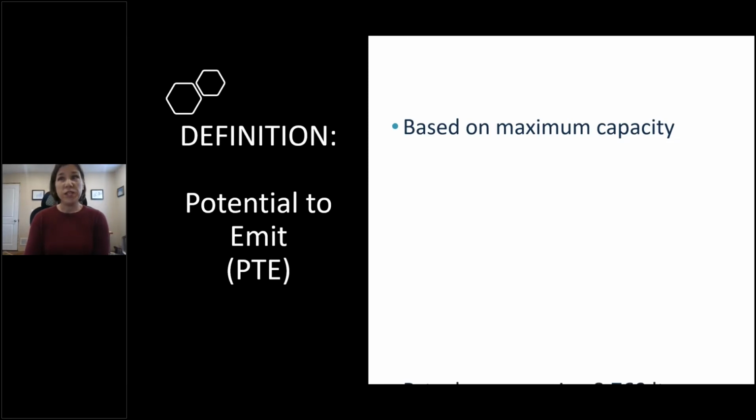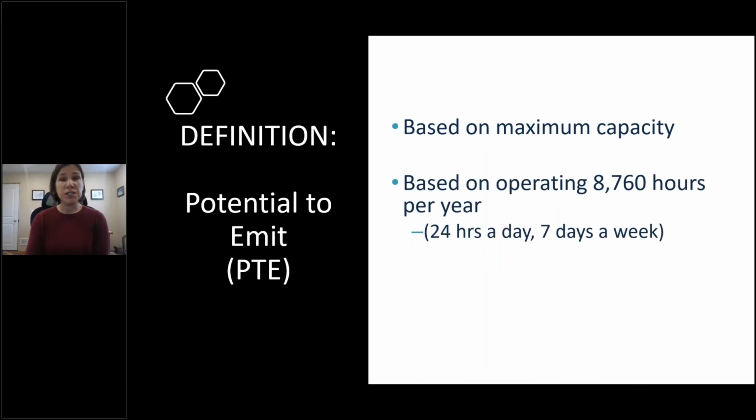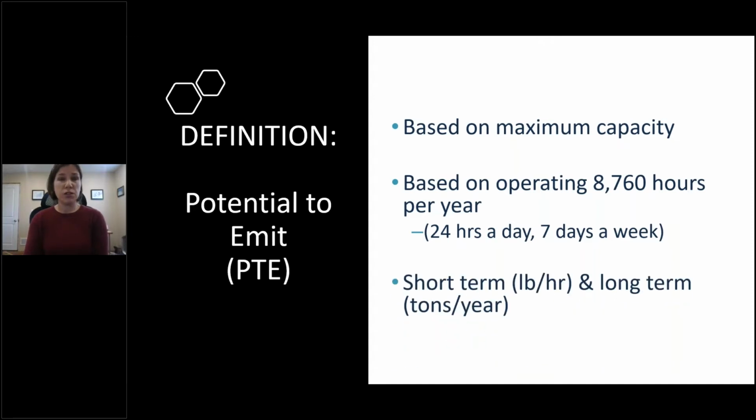As a default, we assume maximum operation is 24 hours a day, 7 days a week. And we look at emission rates in the short term of pounds per hour and the long term of tons per year. What we are talking about here is also called the unrestricted PTE because it does not take any permit restrictions into account.